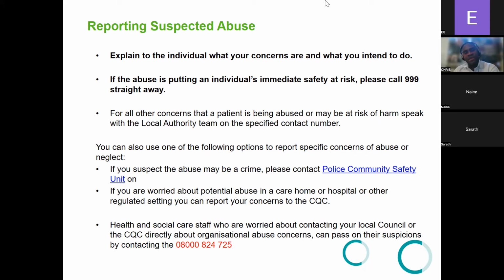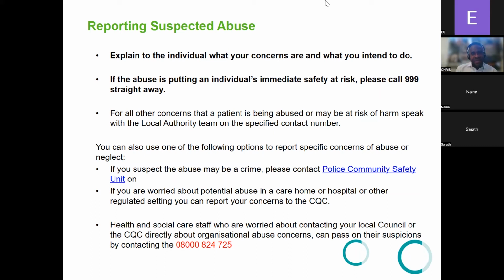And then you also tell them what you intend to do, which is to notify the appropriate authority. In every workplace, there is what we call the lead safeguarding officer, or LSO, though it differs from workplace to workplace. The lead is the head. Then we have the deputy lead, and then designated safeguarding officers, depending on the terminology any workplace uses.